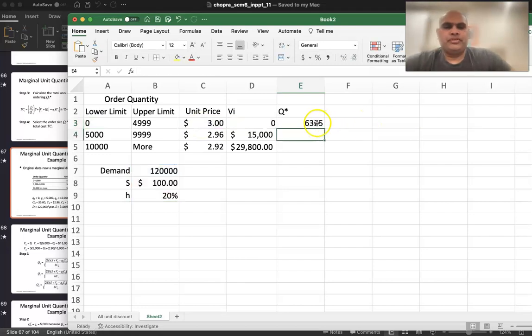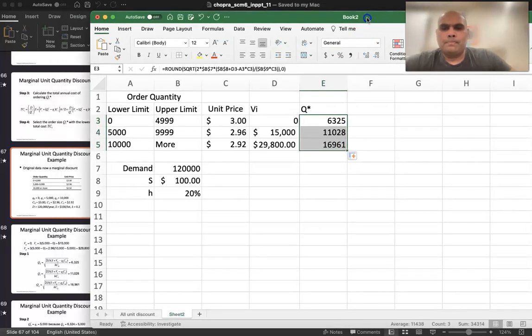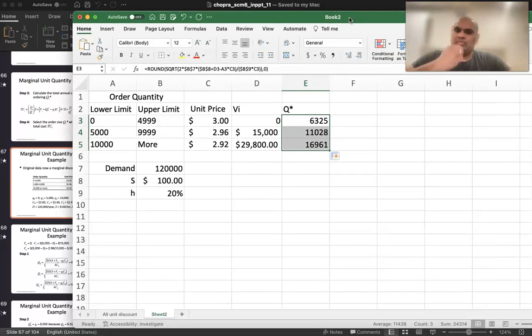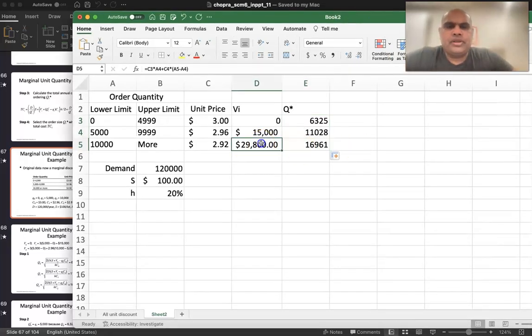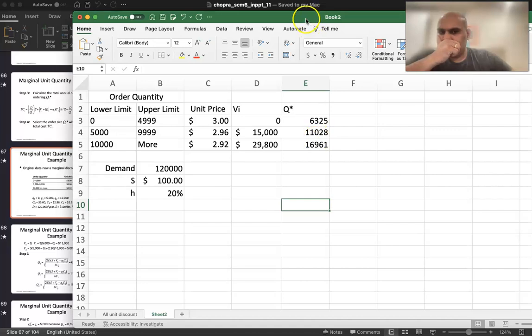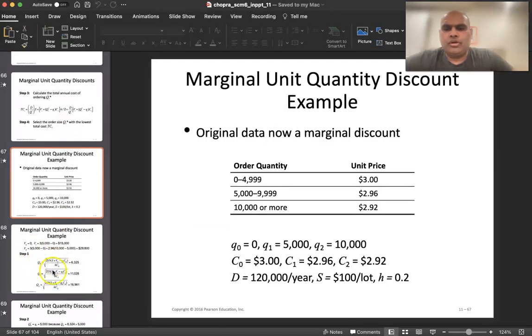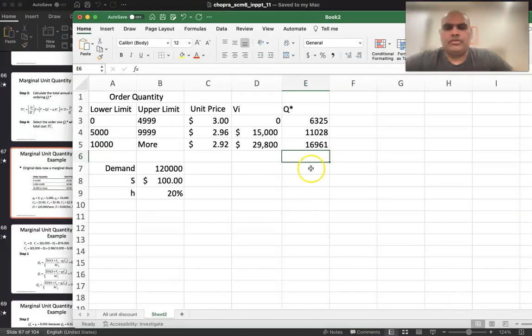With this, I should be able to copy the formulas down and get the right numbers. I don't want decimal places. All right, so those are my values of Q star, using the formulas that we have here.